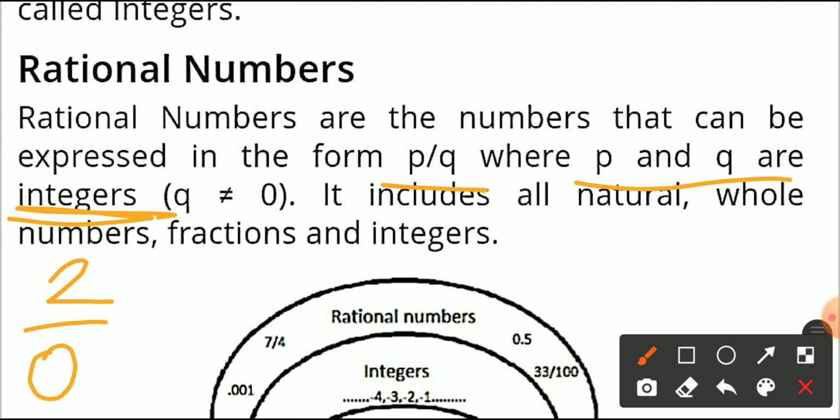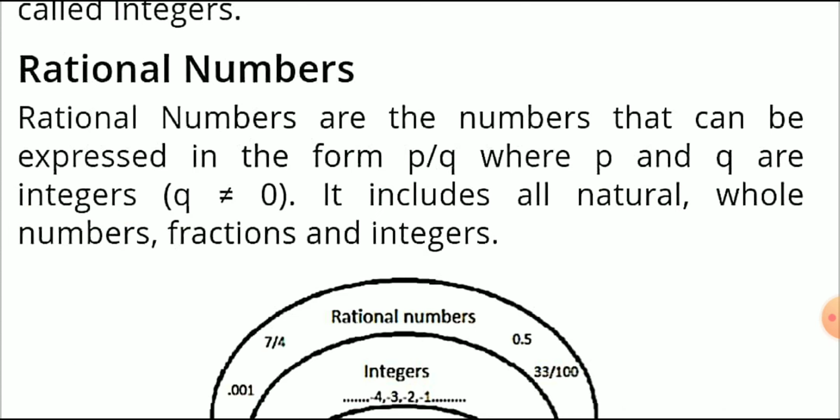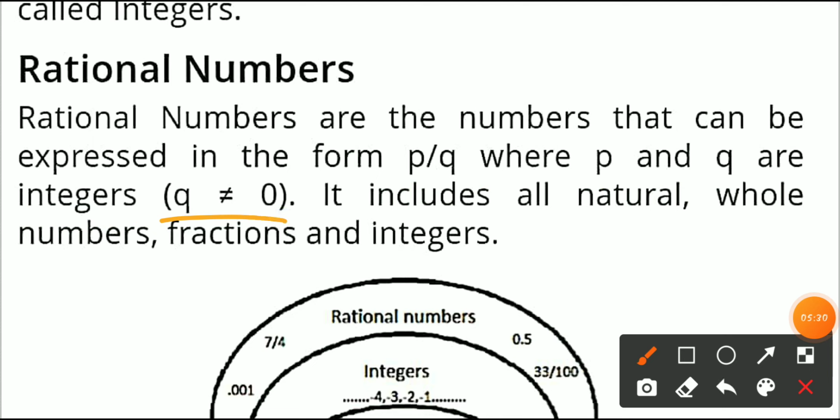We cannot write 2 upon 0, 3 upon 0, etc. We never write like this. This is the meaning of q not equal to 0. Next, it includes all the natural numbers, whole numbers, fractions and integers.